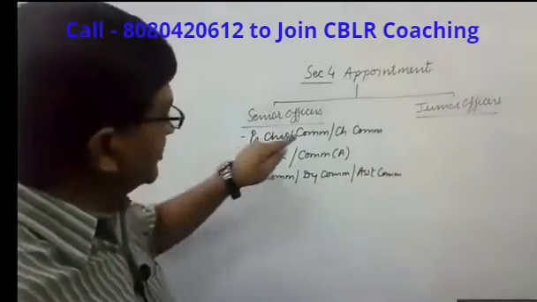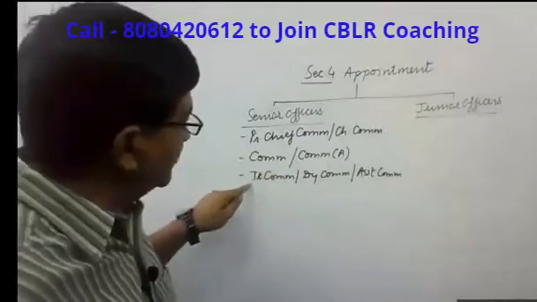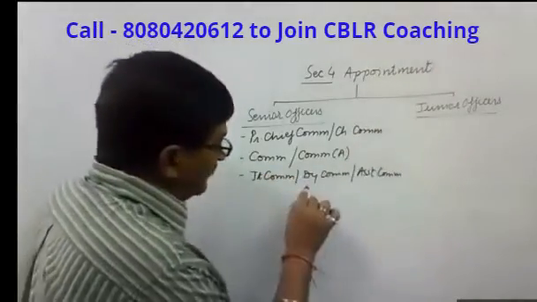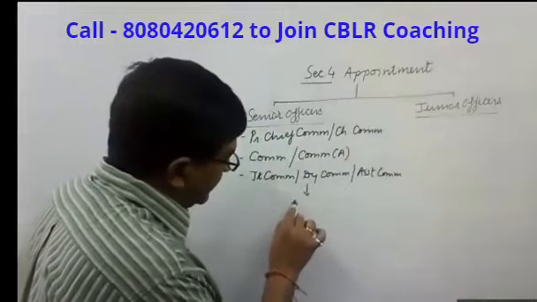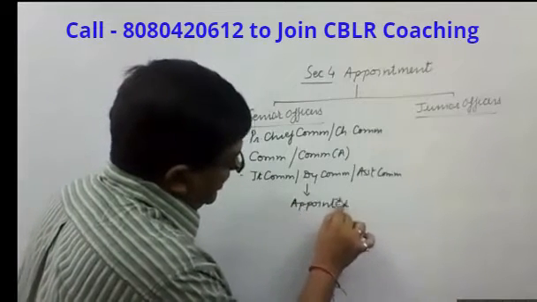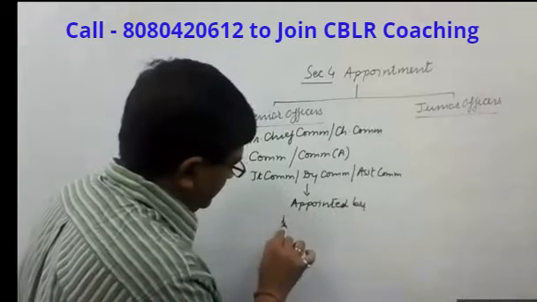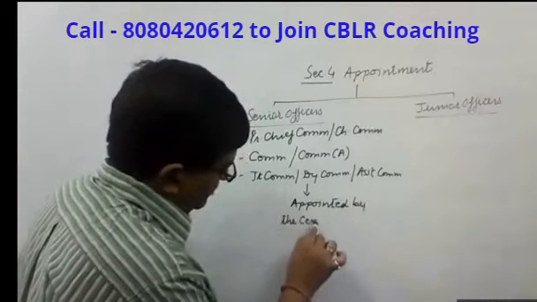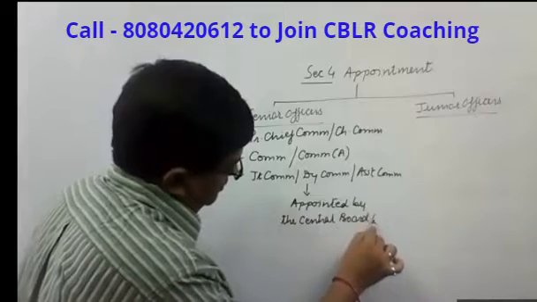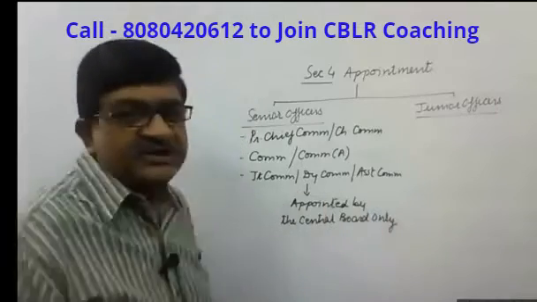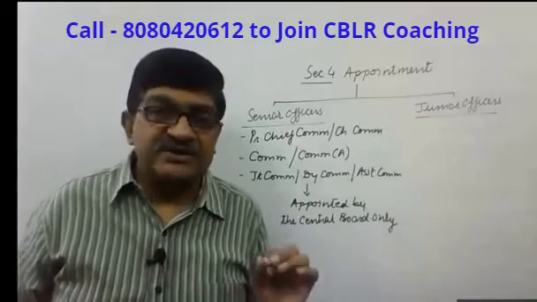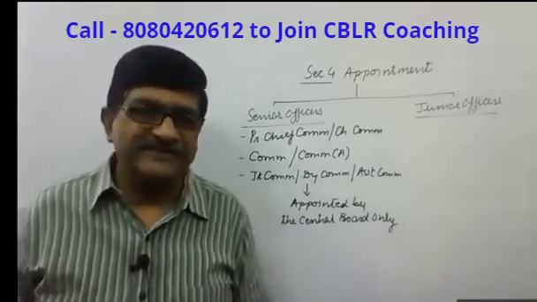So principal chief commissioner, commissioner appeals, joint commissioner, deputy commissioner, assistant commissioner, and officers below that. As far as these officers are concerned, they are appointed by the central board only. They are appointed by central board only.